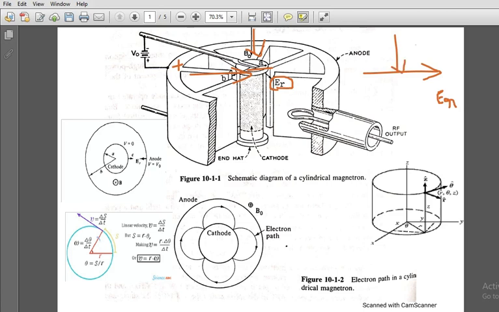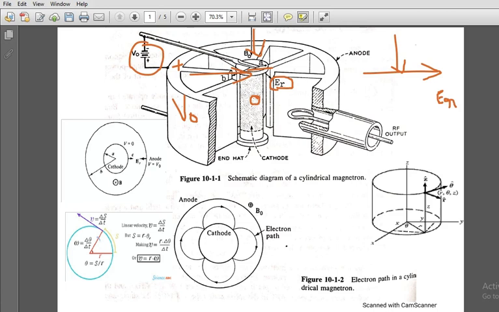For the derivation, since V0 is applied between the anode and cathode, we assume that the potential at the cathode is equal to 0, and hence all of V0 is present at the anode.